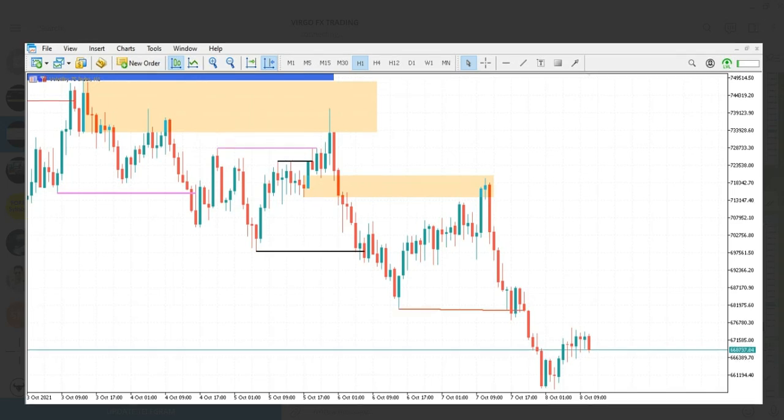After that, what do we have? We have this break of structure again here after it respected this order block, and then it broke structure again here. What then do we have here? What then after the break of market structure?